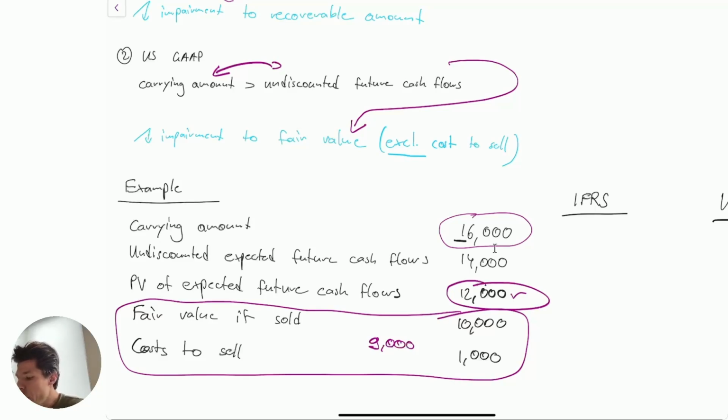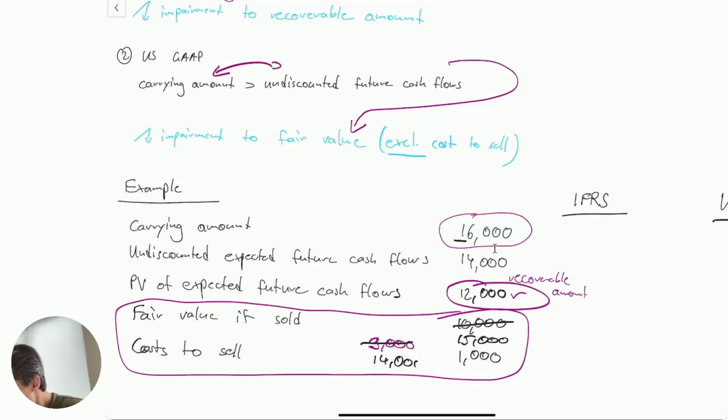So you need to write down. So first step is, yes, impairment needs to happen because carrying amount is too high. Second step, you write down to your recoverable amount. So you write down to 12. So you have an impairment loss of 4K. If your fair value, if sold, would be, let's say, 15K, 15 minus 1, then this would be 14.